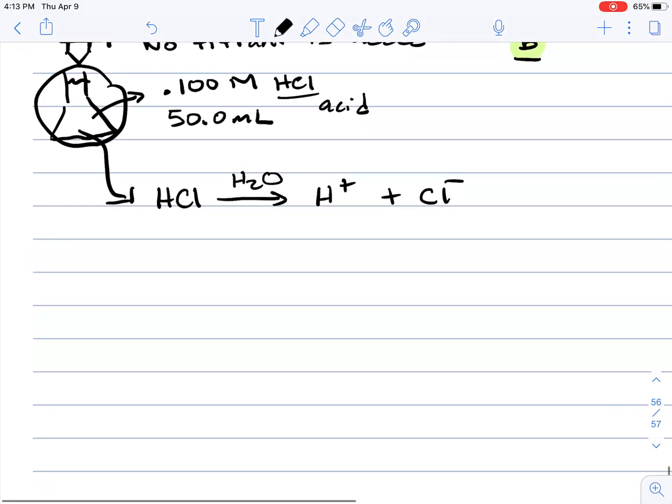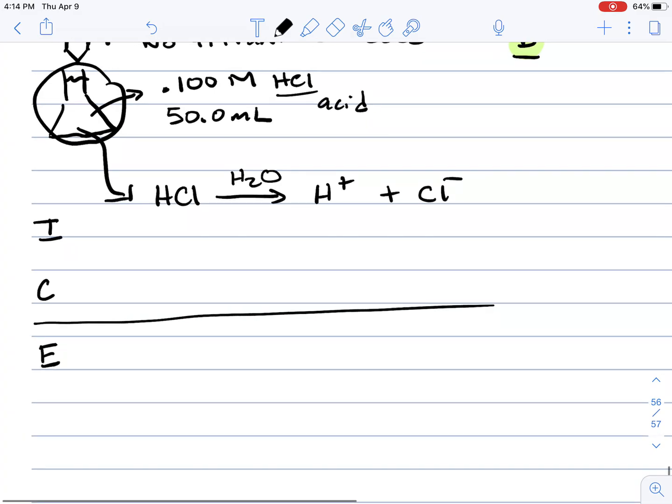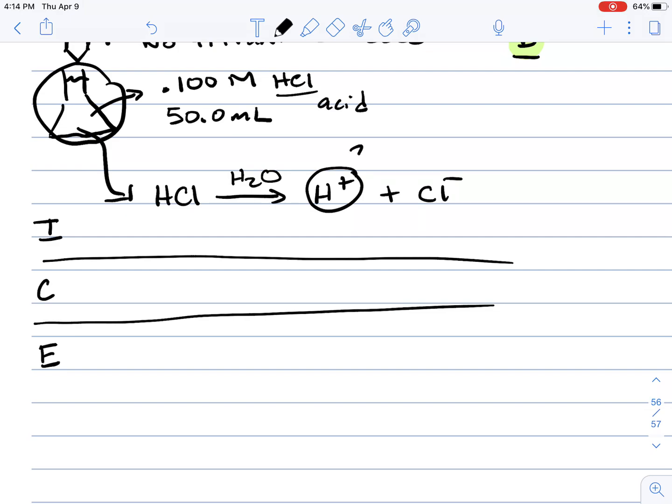And so here we have our balanced chemical equation. We have hydrochloric acid that's ionizing to produce H plus and Cl minus. And so to determine the equilibrium concentration of H plus, which we see here, we need to build an ICE table.